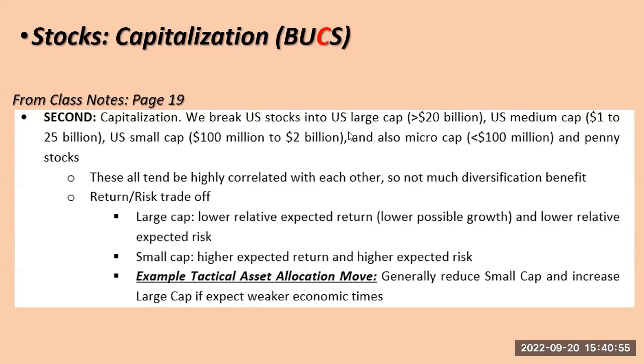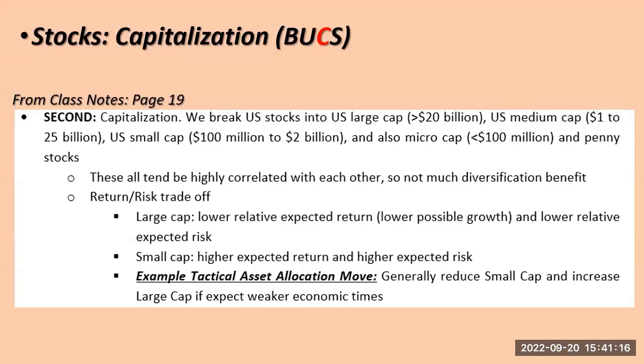Now, for the longest time, it was just large cap and small cap. I think we saw with William Sharpe and his 13 categories or whatever he had, I think he had mid cap in there. So I think he even started looking at mid cap. Remember parsimonious. Do we need to break out mid cap from small cap? The current thought is, yes, there is a difference between mid and small cap.